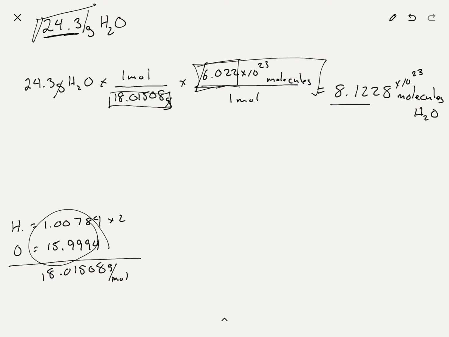So we're going to round this to 3 significant figures because of the 3 significant figures in this number. So 8.12 times 10 to the 23rd molecules H2O. And that is a few example problems of going from atoms to grams and grams to molecules.